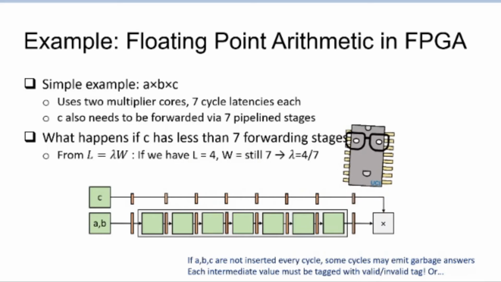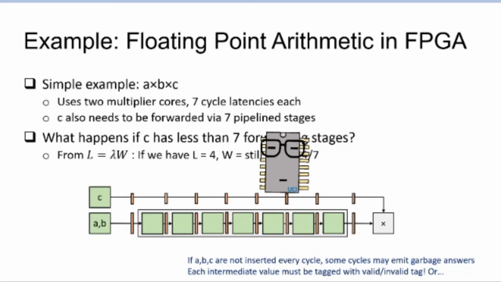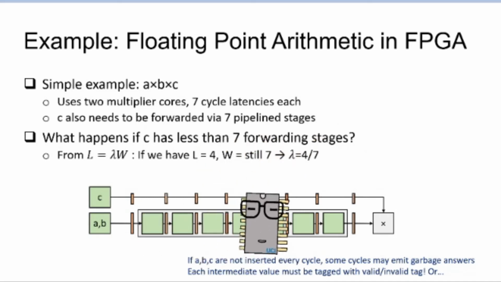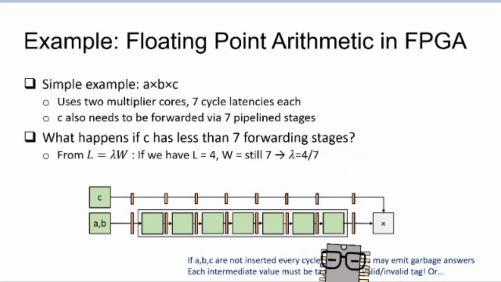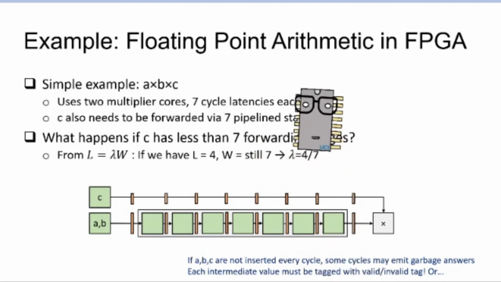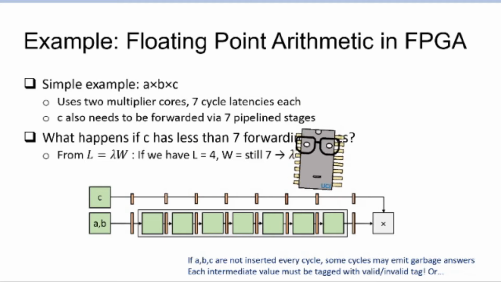So we will get wrong results. But say we took care of all of that already. Say we only have 4 pipeline stages on C's path, but once we fill the 4 pipeline stages, the circuit is constructed such that it blocks, it doesn't take any more input until the first output of this multiplier comes out so that we can evict one value from the 4 pipeline stages that we have, and so on.